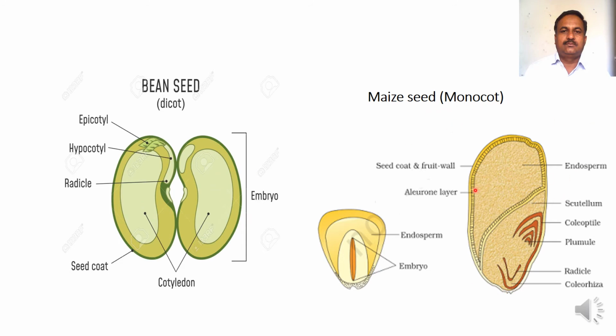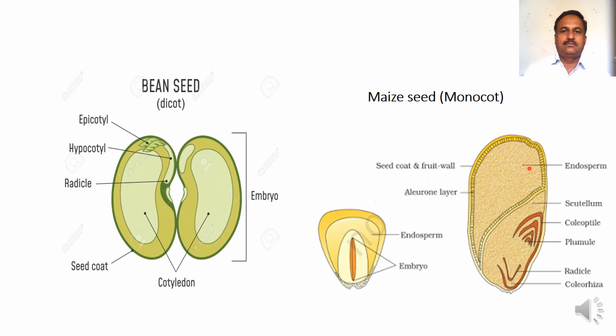This is the typical structure of a monocot, a maize seed. This one is the endosperm, a seed coat and a fruit wall. Inner to that there is an aleurone layer. The aleurone layer is rich in proteinaceous material.